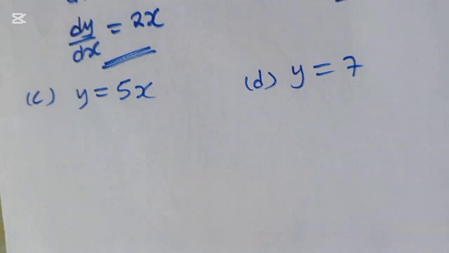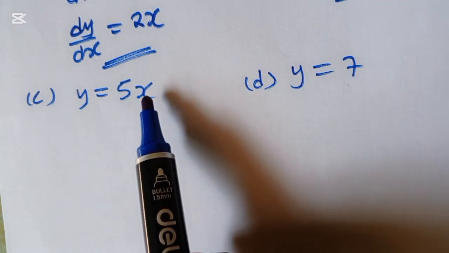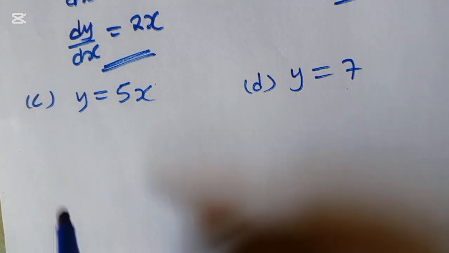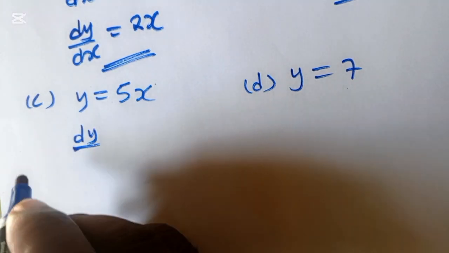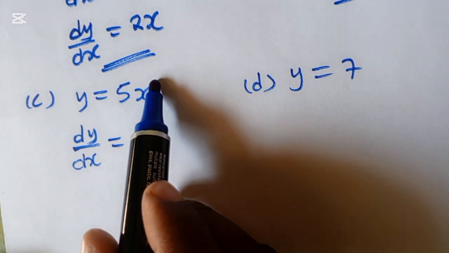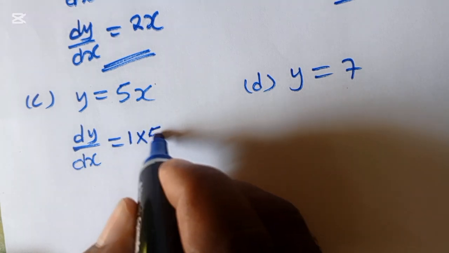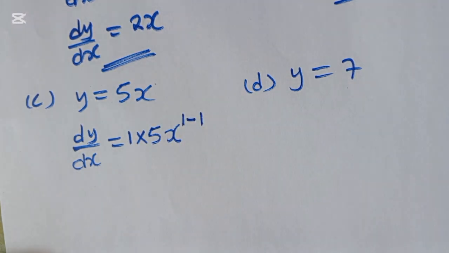So part C, y is equal to 5x. Remember that this 5x means that this is 5x to the power 1. There is a 1 there. So I'll say dy/dx is equal to 1 times 5x to the power 1 minus 1.